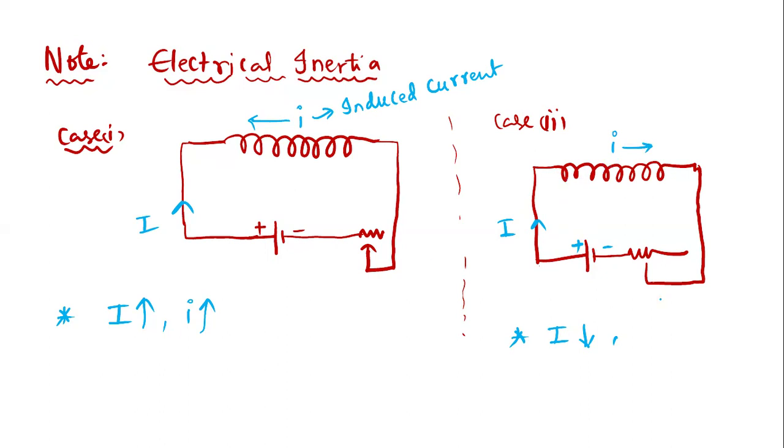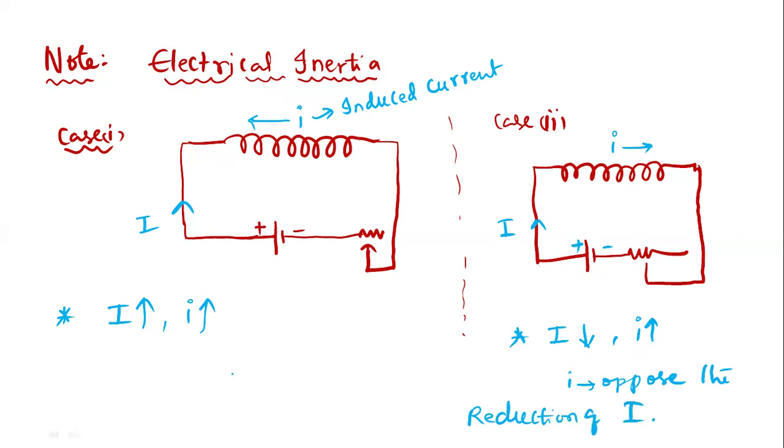It will not allow the current to reduce instantly. So i will try to increase in the opposite direction. So i opposes the reduction of current I. Are you getting my point?